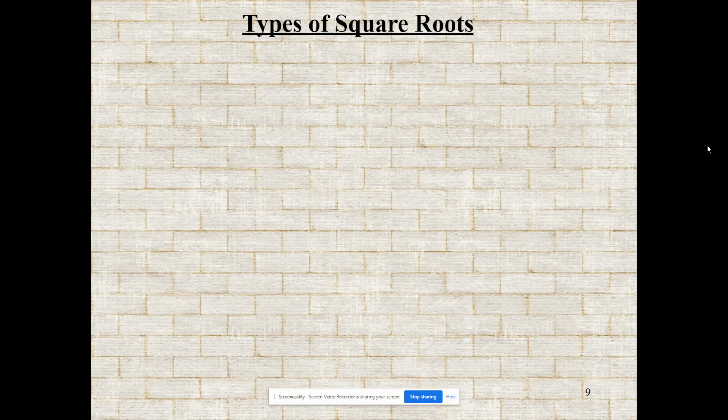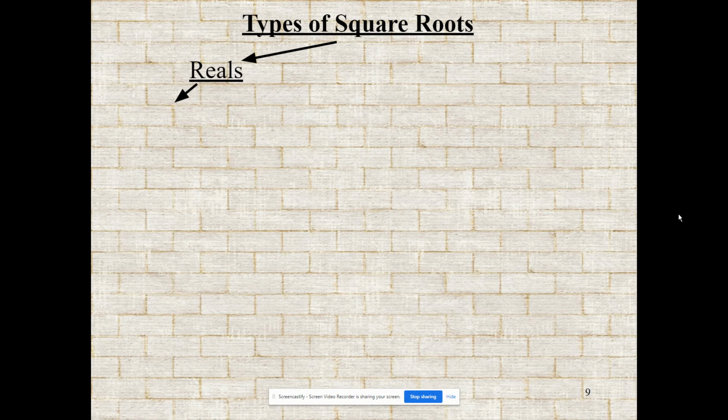Okay, so we're going to talk about the square roots, types of square roots. Make sure you have this title on your page, types of square roots. Now, what we're going to talk about is real numbers. So real square roots.